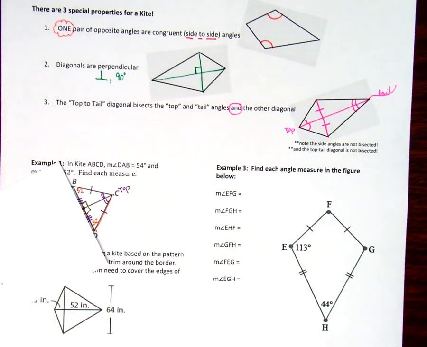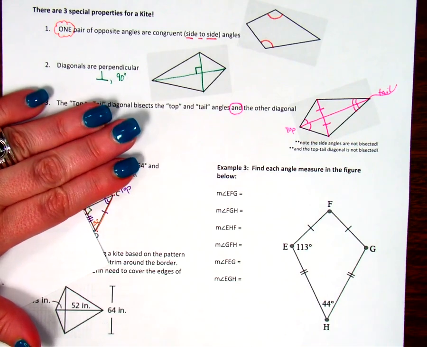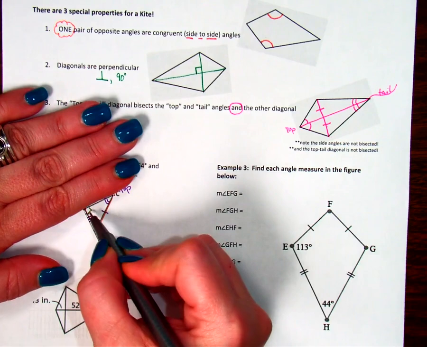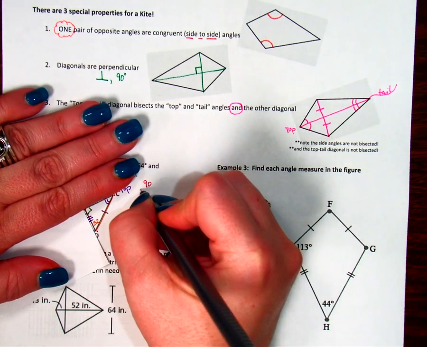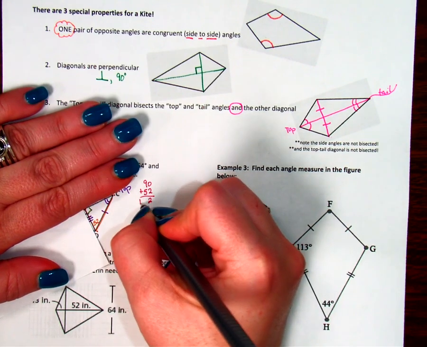So again, there's a reason we spent so long on triangles, right? We use triangles for pretty much everything we do. If I then keep covering up and I look at just this little triangle here, I know the triangle has 180 degrees. I've used 90 here. I've used 52 here. So 90 plus 52 is 142.